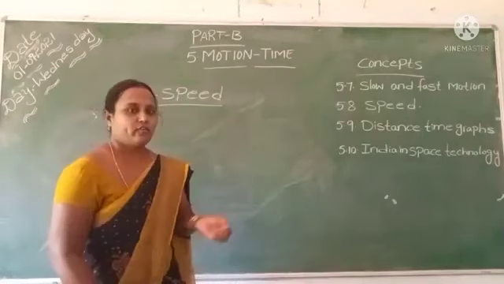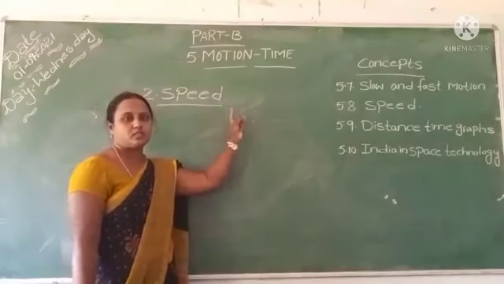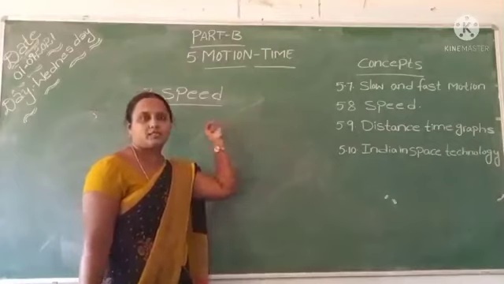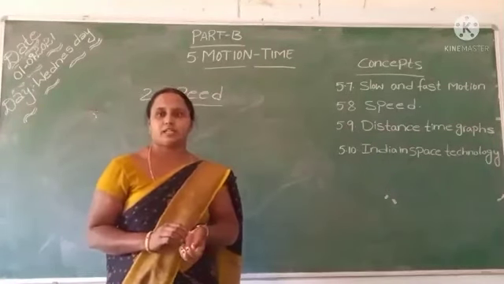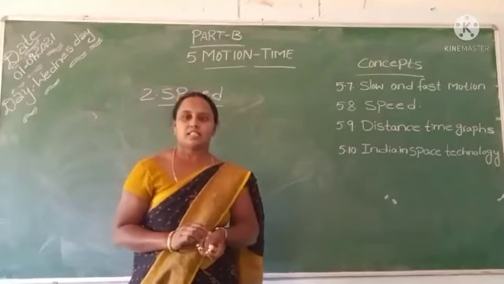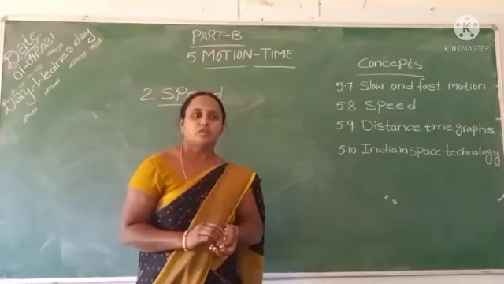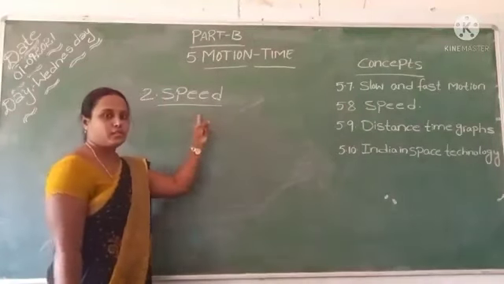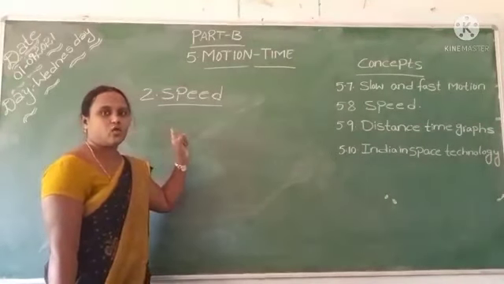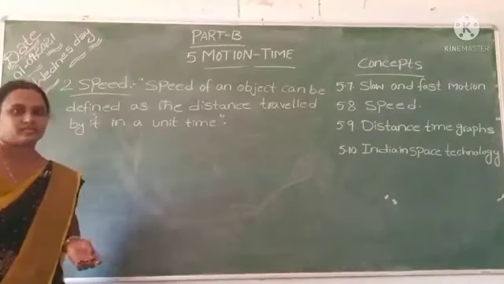So how can we measure how fast we are going? Speed of an object can be defined as the distance travelled in a unit of time. When we ride the bike, it shows how fast we are going.